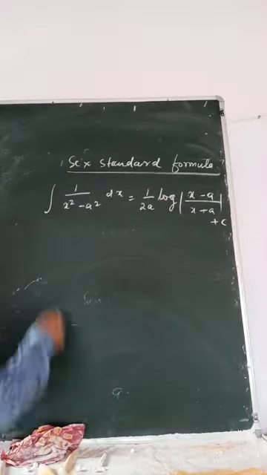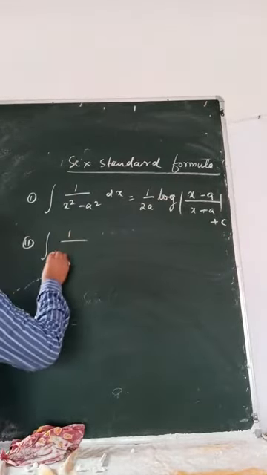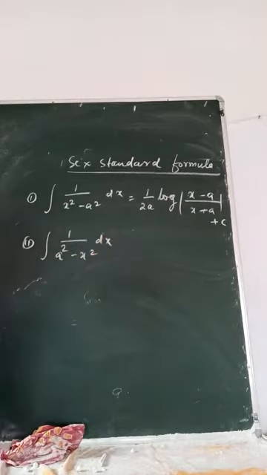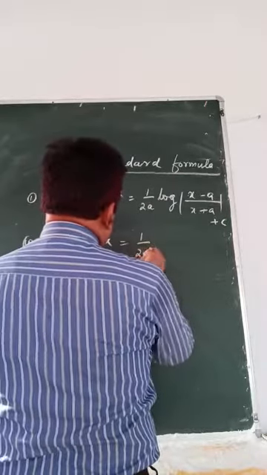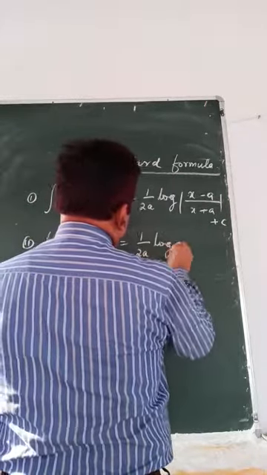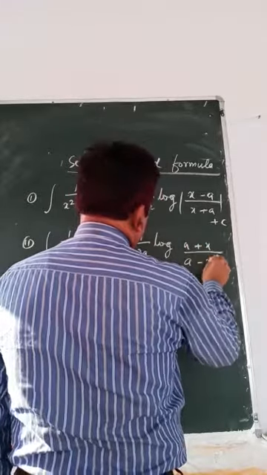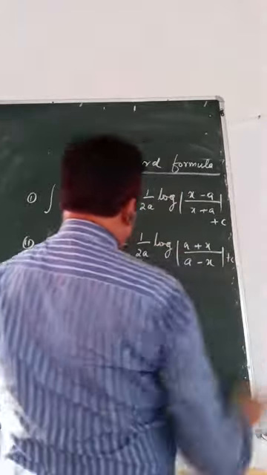First one done. Second one, a square minus x square. So it is 1 by 2a log a plus x by a minus x, plus c.